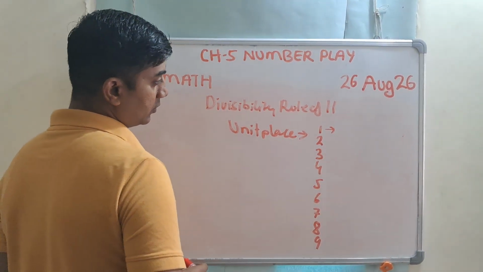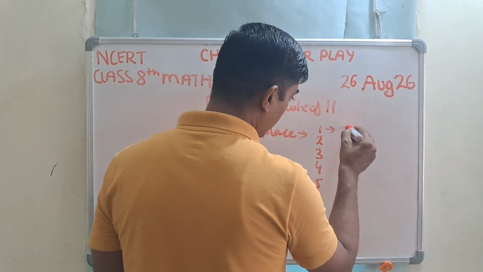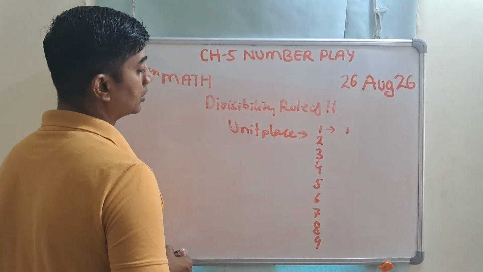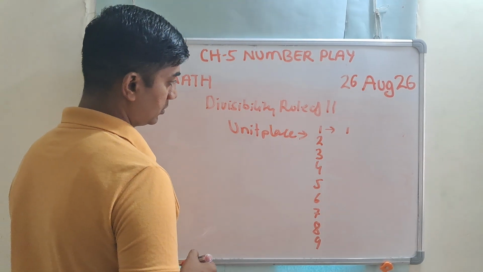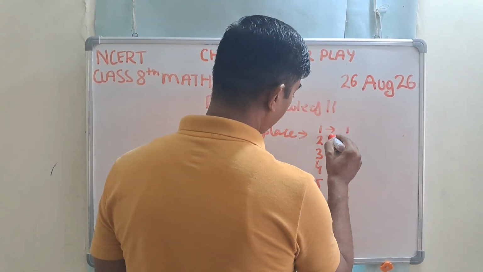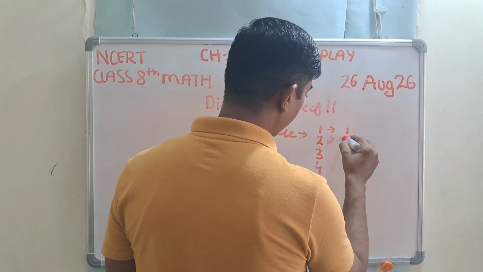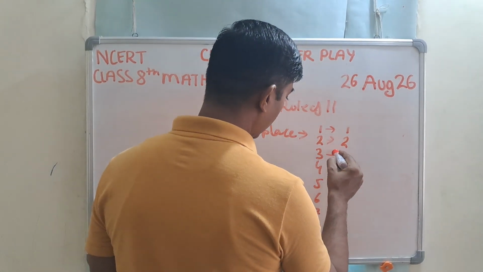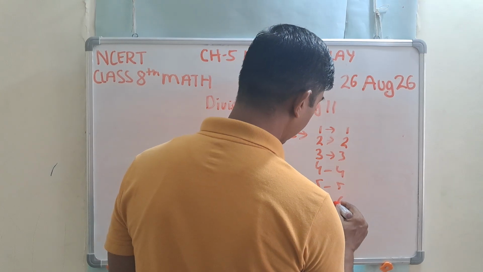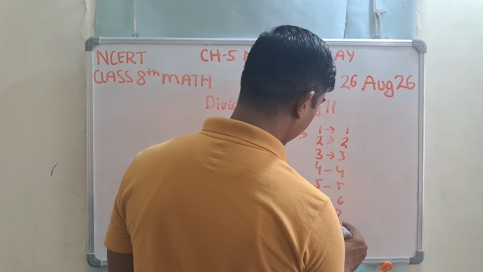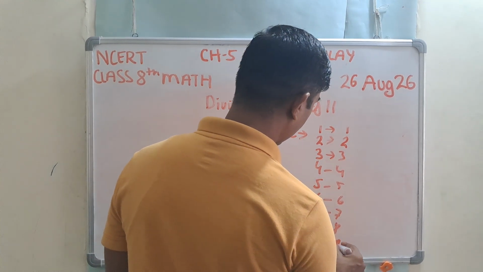When you divide 1 by 11, you will get the remainder 1. Understood? In this case you will get remainder 2, in this case 3, in this case 4, in this case 5, in this case 6, in this case 7, in this case 8, in this case 9. Understood?